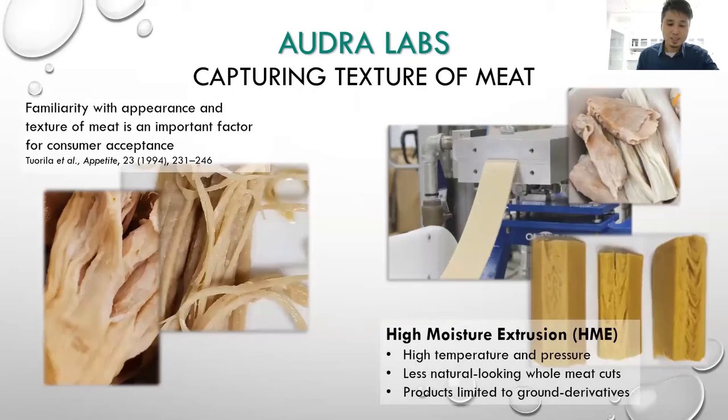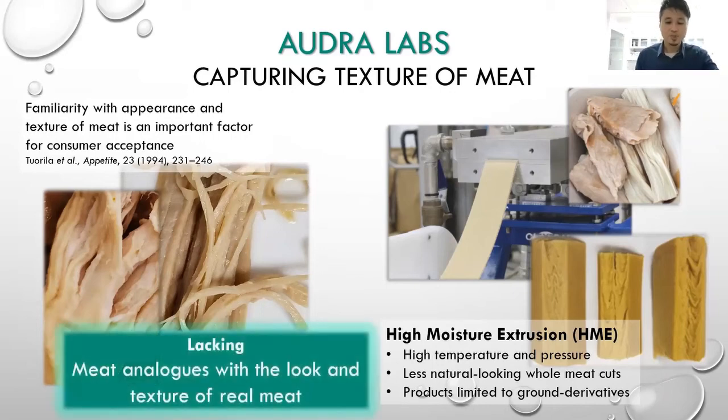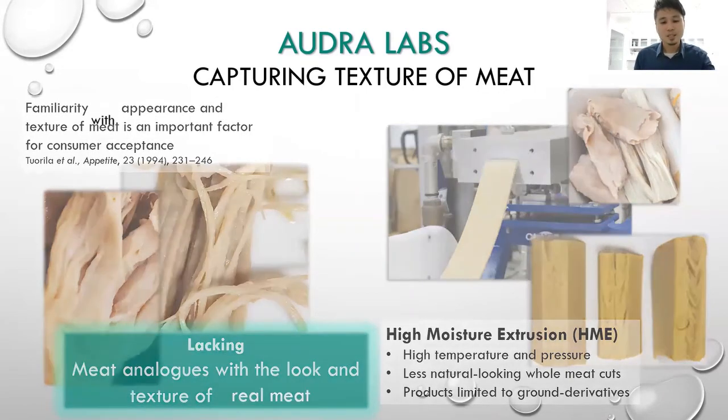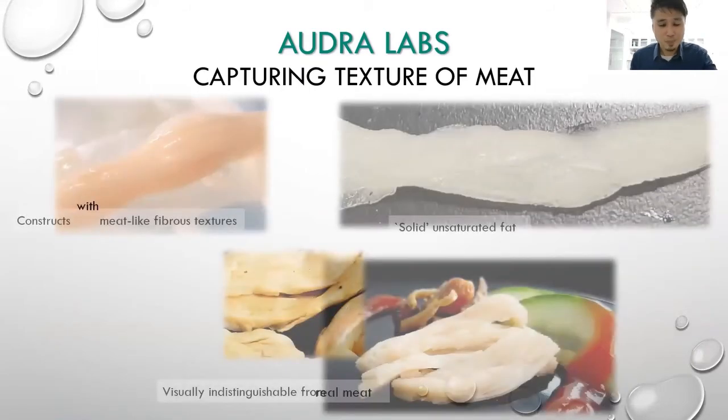Besides it being an energy-intensive process, the resultant products do not accurately resemble meat cuts and are therefore limited to ground derivatives. As such, at the moment, there is still a lack of meat analogs with the look and texture of real meat. So Audra Labs has been working to solve this problem.